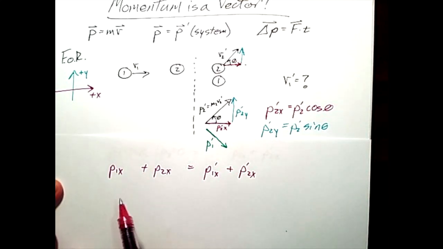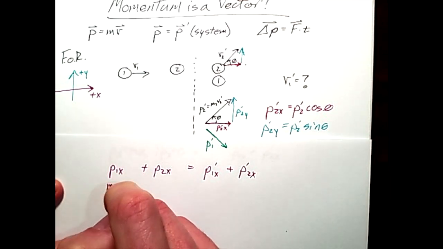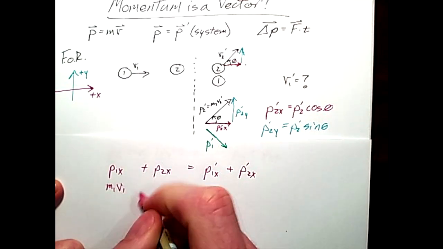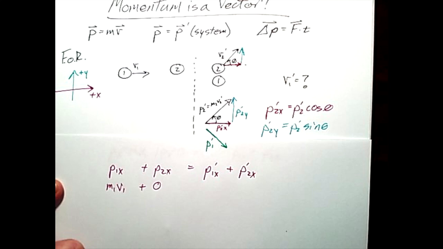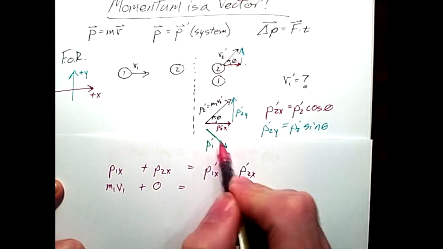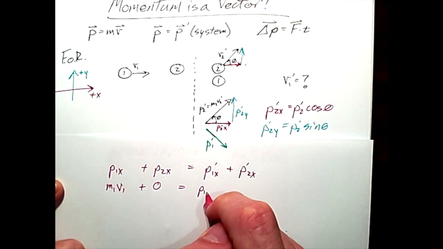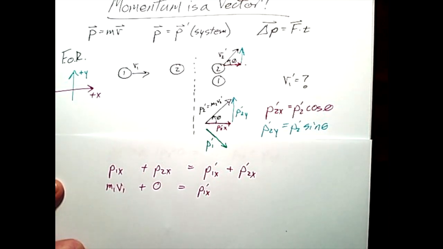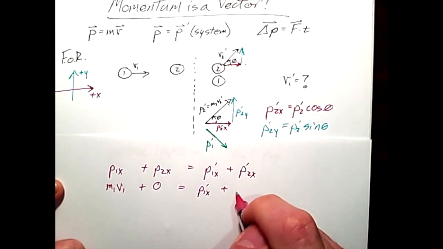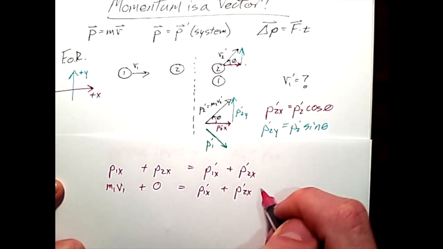Now in this particular example, P1x would be m1v1, which is given, and P2x would happen to be 0, but you can imagine it wouldn't have to be. This would be equal to an unknown, because we do not know the momentum of P1. So P1x prime is an unknown, and then of course P2x prime is the value that we've calculated above up here.